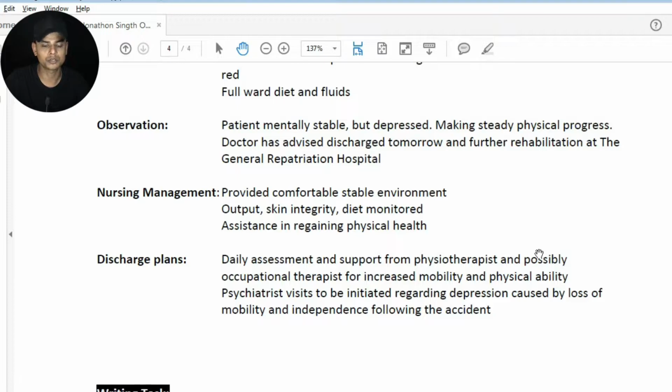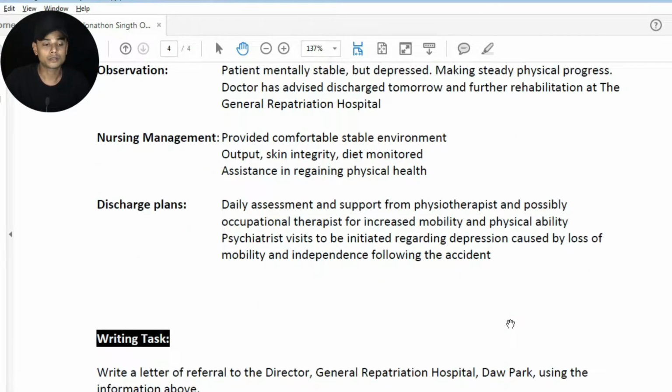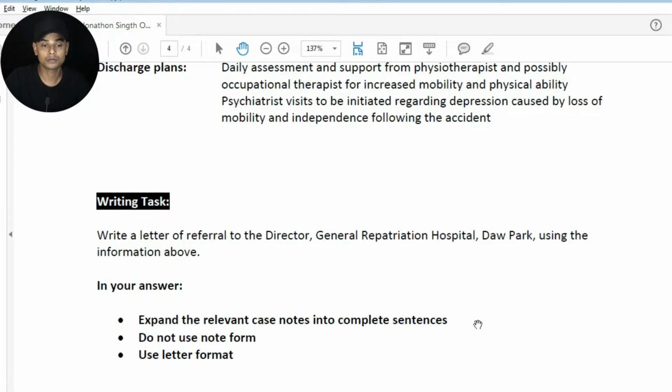Psychiatrist visit to be initiated regarding depression caused by loss of mobility and independence following the accident. Understood? Writing task: write a referral letter to the Director, General Repatriation Hospital, Joe Park, using the information.